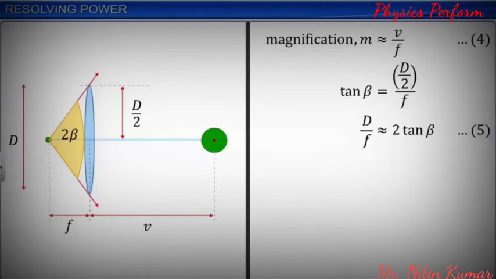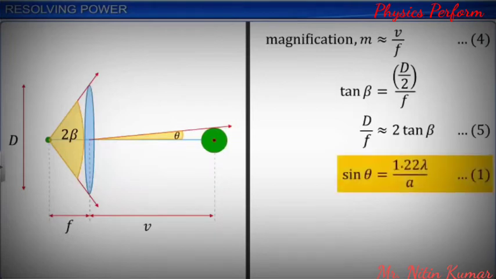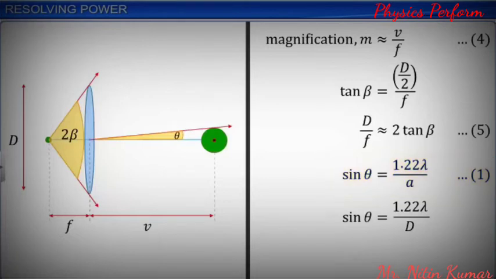If the first dark ring of the diffracted pattern is formed at an angle theta, then, from equation 1, we have sin theta is equal to 1.22 into lambda by d. For smaller angles of theta, theta is equal to 1.22 into lambda by d.